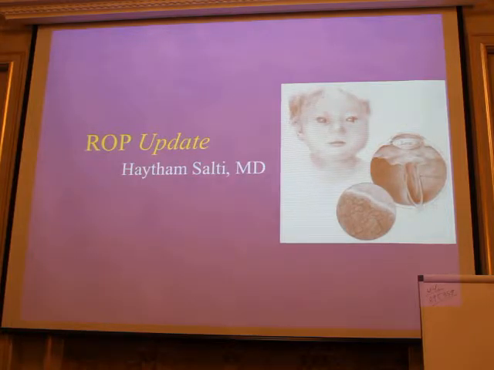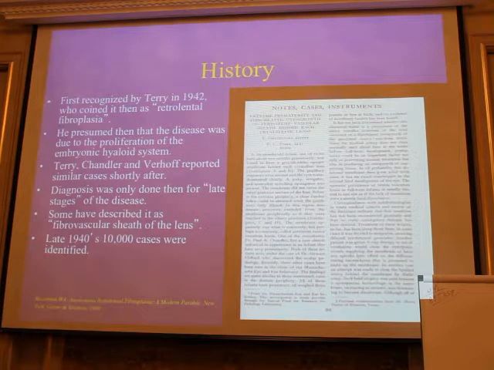Just to start with, again, it's a disease very dear to me. It was first recognized in 1942 in Boston by an ophthalmologist called Dr. Terry, who wrote that he noticed that a lot of babies born prematurely in those big hospitals in Boston were referred to him and had a retrolental membrane.